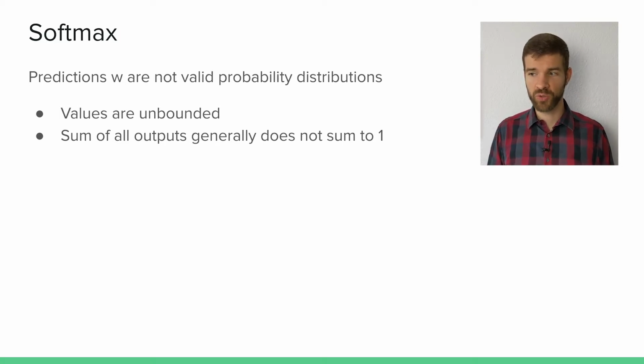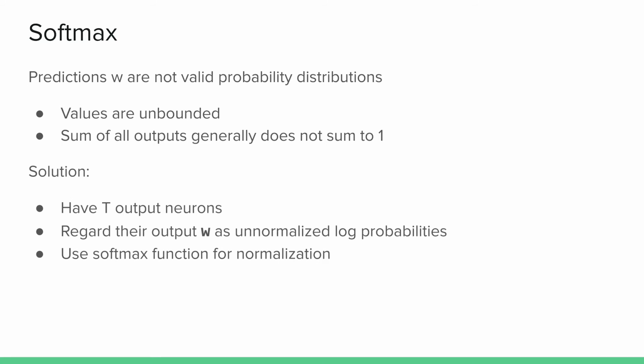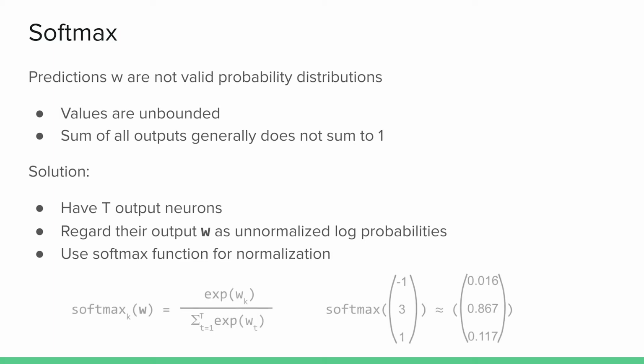So what can we do? We can map the outputs of our last layer, our output layer, to a probability distribution. And this is what the softmax does. So we have T output neurons, and we regard their outputs as unnormalized log probabilities. We just say, I think these are unnormalized log probabilities, and then the softmax function will do the following.